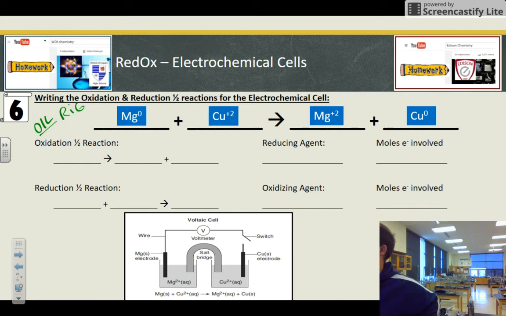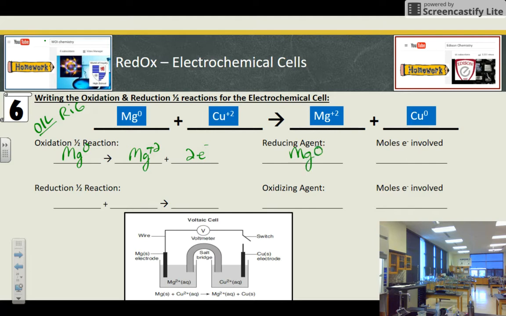Mg0 is going to go to Mg+2, losing 2 electrons. The reducing agent is the thing that's being oxidized, so that's Mg0. And the number of moles of electrons involved is 2, so I'm done there.